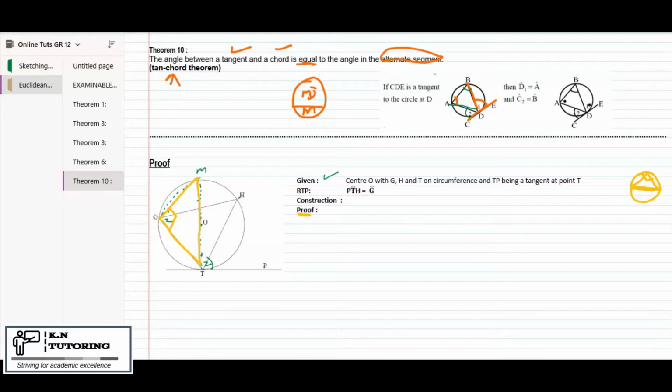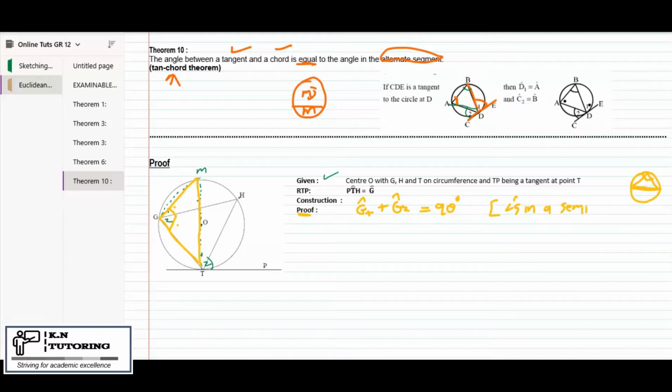So we know that angle G1 plus angle G2, which is the whole of angle G, is equal to 90 degrees. The reason is: angles in a semicircle.